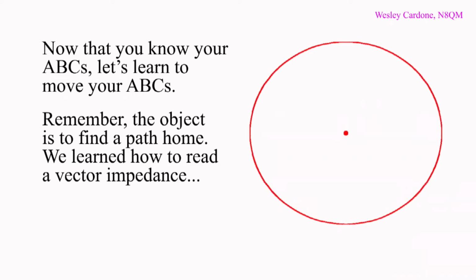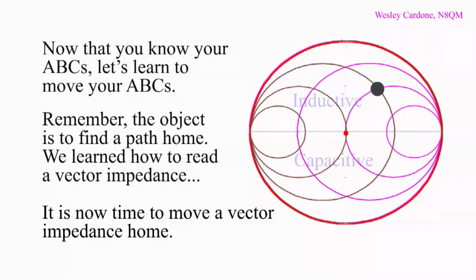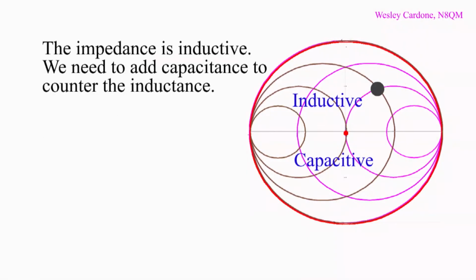Think back. What is the Holy Grail that you learned about earlier with the Smith chart? The Holy Grail is finding a path home. In this example, we have measured a vector impedance of our antenna, and it falls on the space marked by the dot. The impedance is inductive, so capacitance needs to be added in order to move towards home plate.